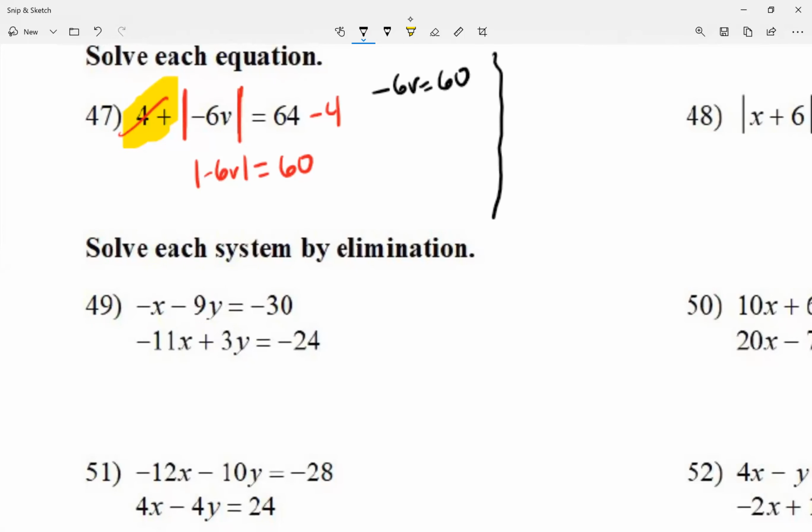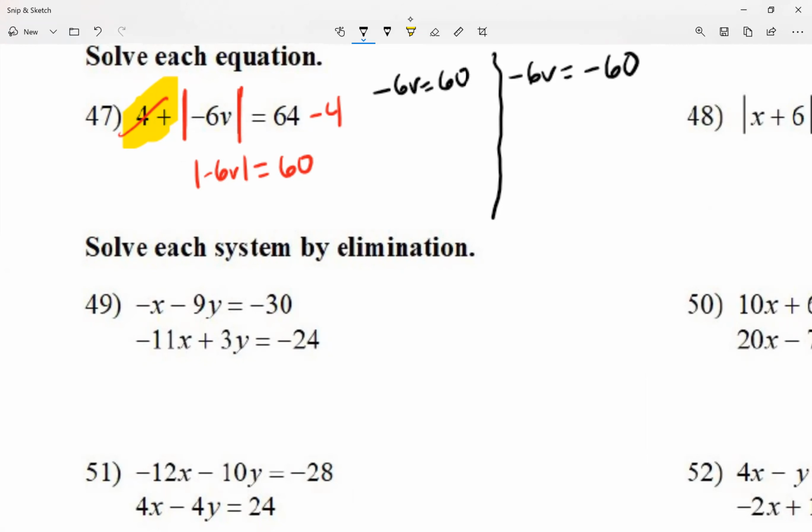The other one is going to be -6v is equal to -60. We learned back in pre-algebra that an absolute value is positive, but the inside could be positive to begin with, or it could be negative to begin with. So I have to consider both cases.